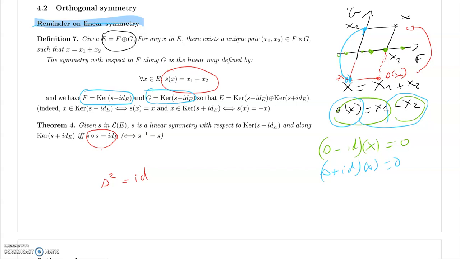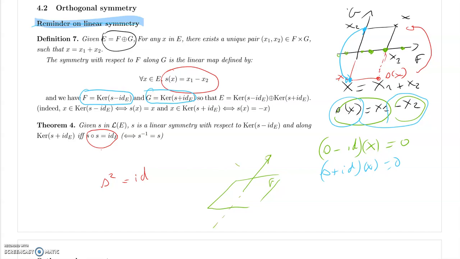You remember we had some exercises where you were given a square matrix, and you had to check that you had a linear symmetry. You had to check that if you square the matrix, you get the identity. And to find the characteristic spaces F and G, if you are in R3, that could be your space F, a plane, and you could have whatever direction G that doesn't belong to that plane.